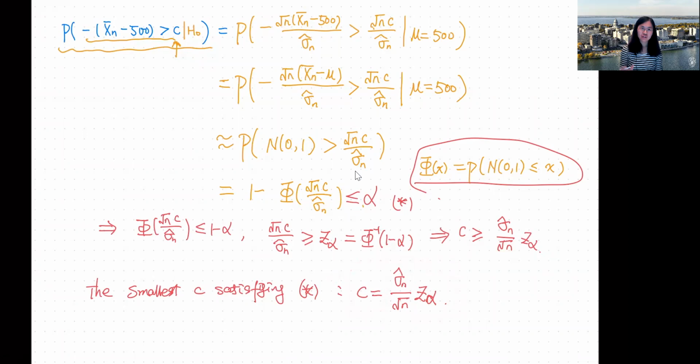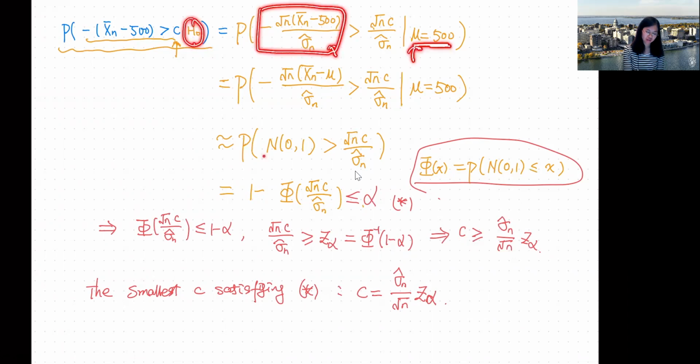And this is also the reason that we want the null hypothesis to be a simple one. When the null hypothesis is a simple one like this, it fixes the value of mu. When that is the case, we are able to know exactly what the asymptotic distribution of this random variable is.